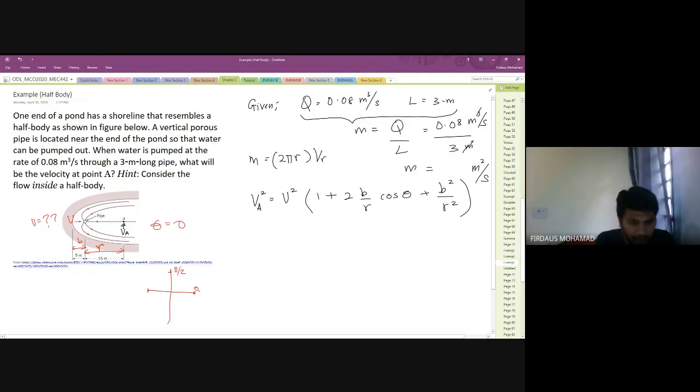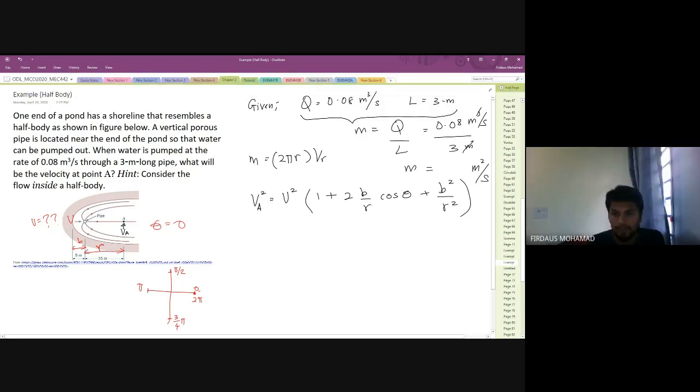At this point 180 degree, it is equal to pi. And then at this point, it is equal to 3 over 2 pi, and at this point, it is also equal to 2 pi. But for our example, theta equal to 0. So cos 0 will be 1.